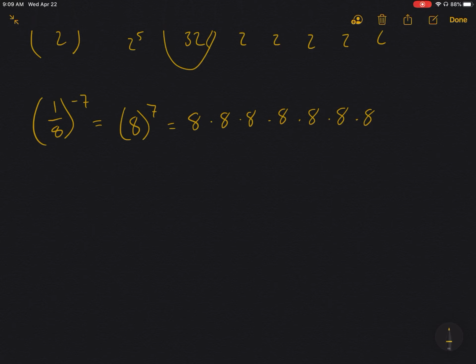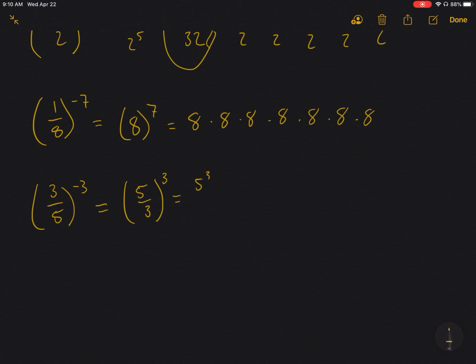Let's do 3/5 to the negative 3rd. Step 1, I flip my numerator and denominator. My exponent becomes positive. And then with 5/3, there are 2 ways to think about it.